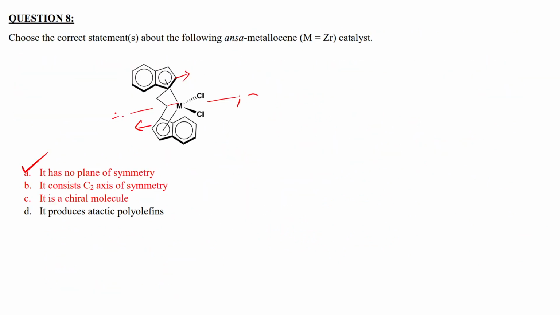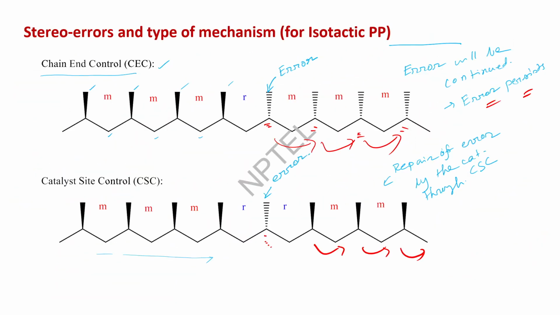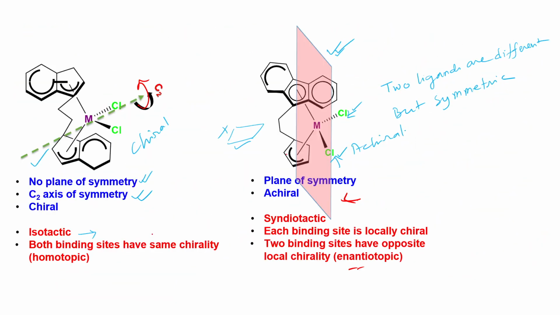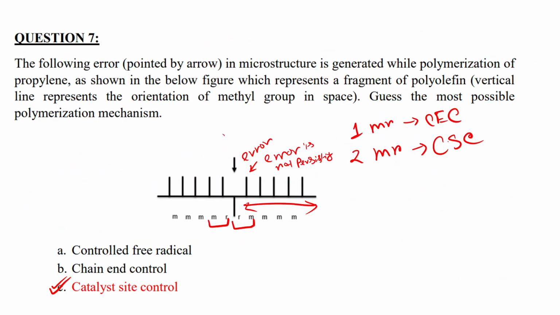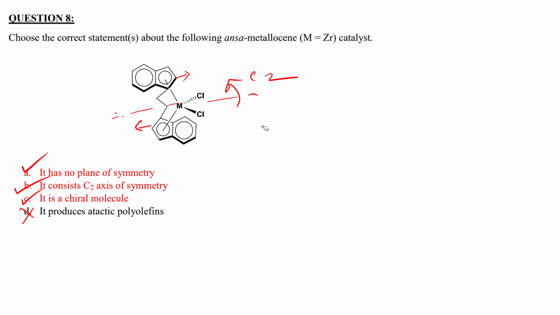Consists of C2, approximately chiral molecule, obviously. No sigma plane, so obviously it's chiral. We have just learned this. So not syndiotactic, sorry, isotactic. Isotactic for this case, because both binding sites have the same content.